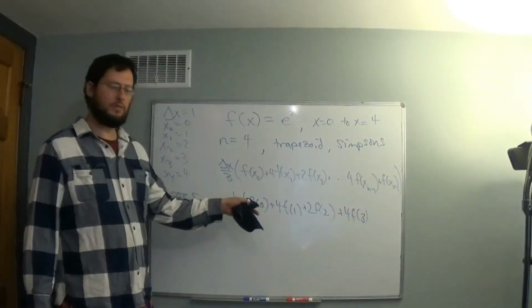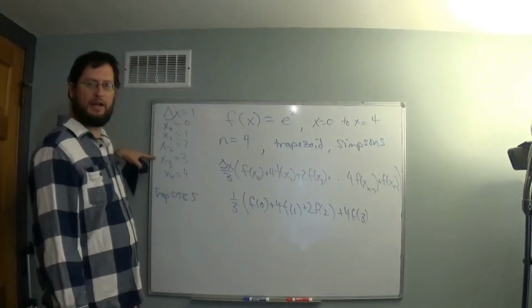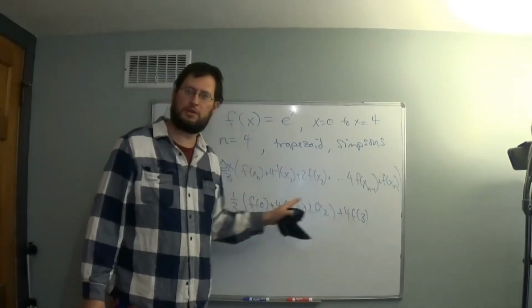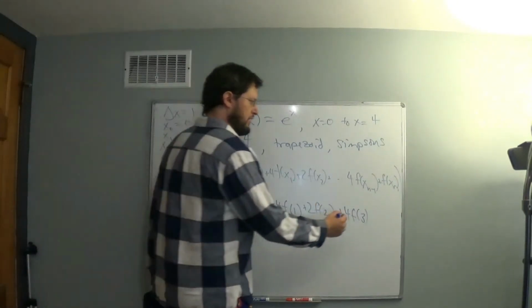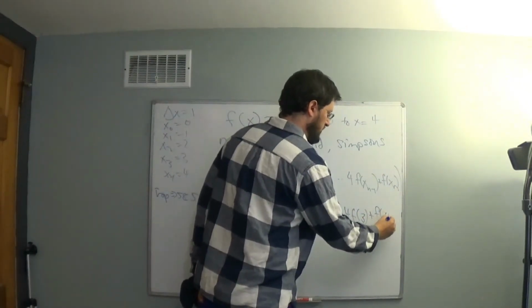We repeat 4, 2, 4, 2 until we get to n minus 1, stopping with the 4's and 2's, and finally we just want f at x4, which is 4.